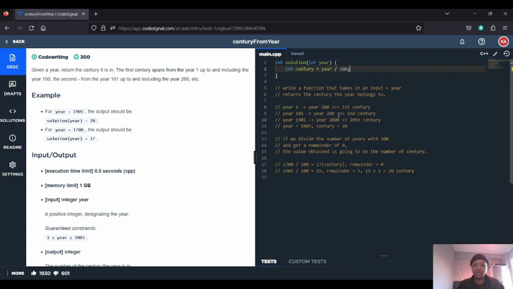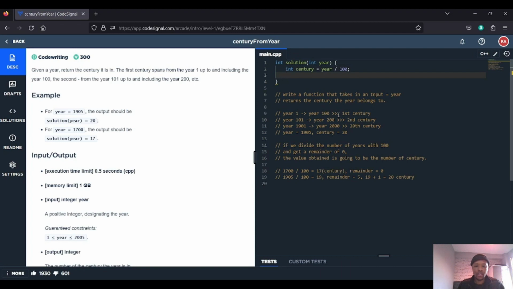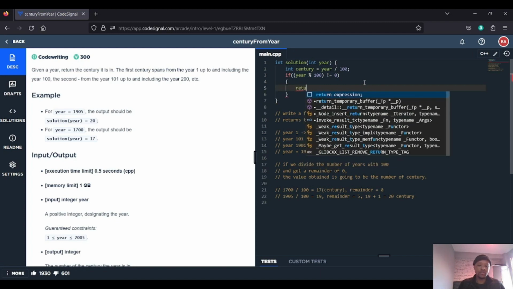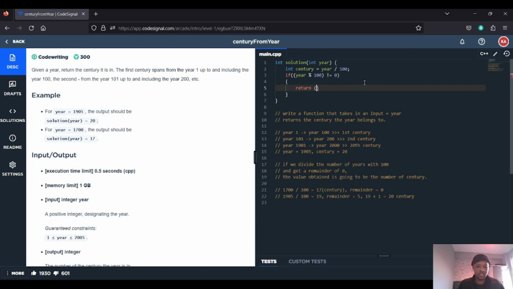So when we divide the year by 100, if the remainder is not 0, okay, if the year divided by 100 doesn't give us a remainder of 0, that's what I mean over here, then we will return the value of the century that we have plus 1.